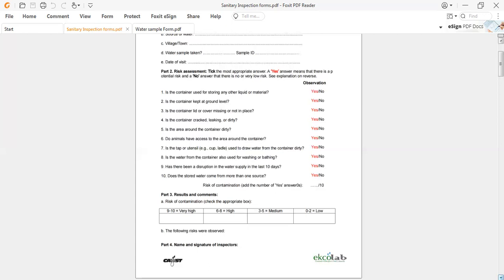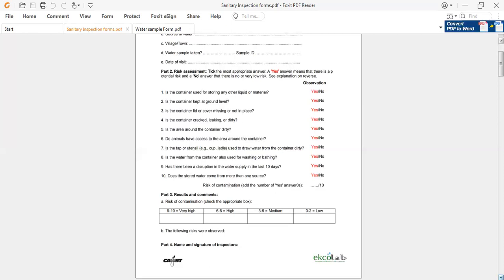So if from your above answers you realize that the number of yes you have is 9 or 10, it means the risk of contamination is very high, and definitely that water is not good for consumption. And if your risk is between 6 and 8, it means the rate of contamination is also high.